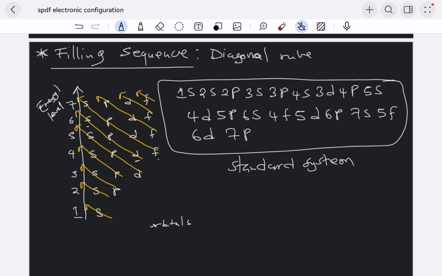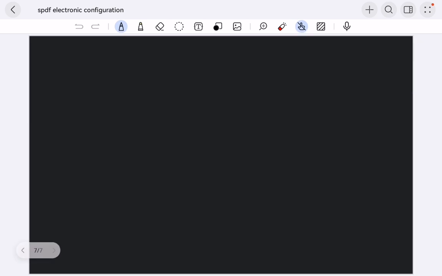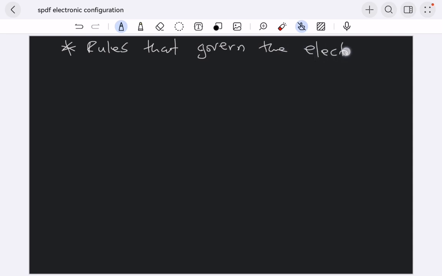Now, before we go there, we also need to understand that there are rules that govern the electron arrangement. So we just don't arrange electrons anyhow.